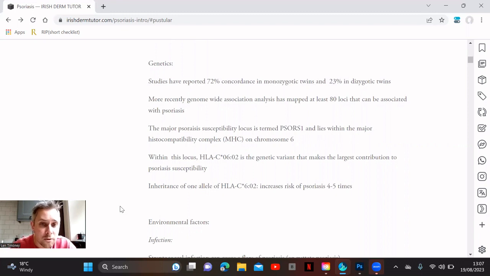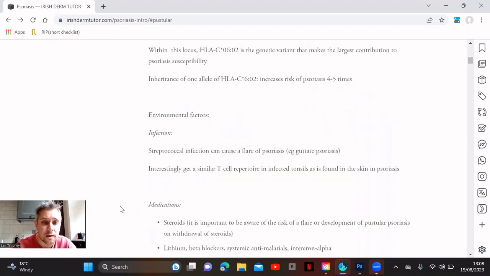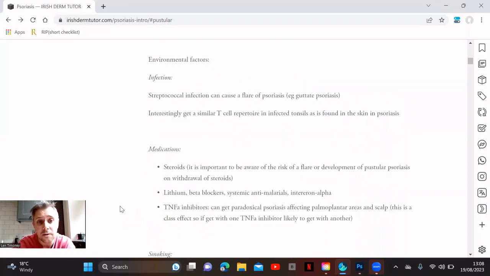The major psoriasis susceptibility locus is termed PSORS1, and it lies within the major histocompatibility complex on chromosome 6. And within this locus, HLA-C*06:02 is the genetic variant that makes the largest contribution to psoriasis susceptibility. So essentially, if you inherit one allele of HLA-C*06:02, this increases a patient's chance of getting psoriasis by 4 to 5 times.